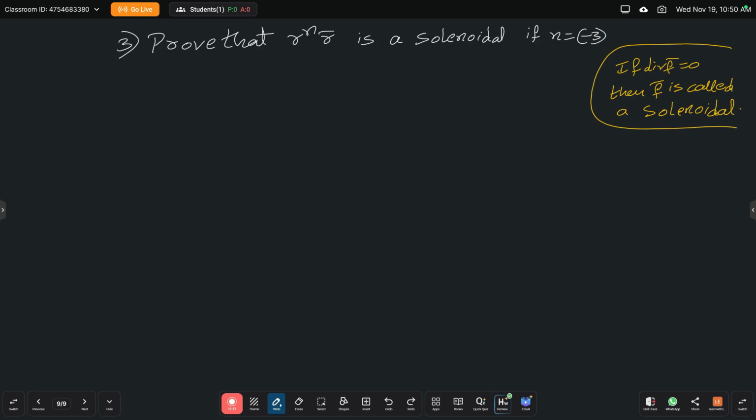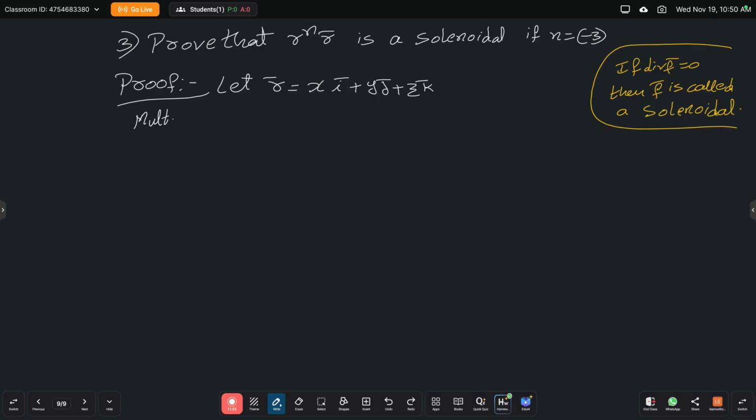Now, for proving the given vector is solenoidal, we first have to find the divergence of r power n into r bar. For that, I am going to take r bar: let r bar equal xi bar plus yj bar plus zk bar, right? Now, multiplying r bar with r power n.